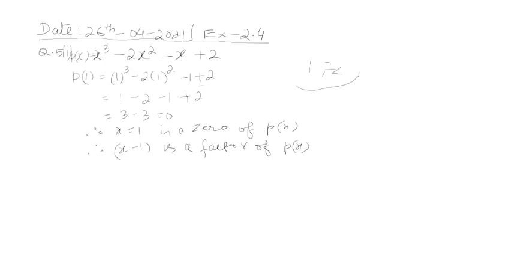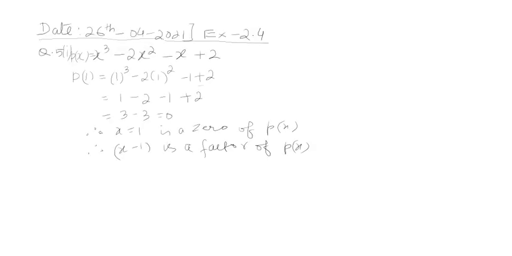Now I'm going to get the other factor. Because if x minus 1 is a factor of this and I divide this polynomial by x minus 1, then it should be completely divisible, right?